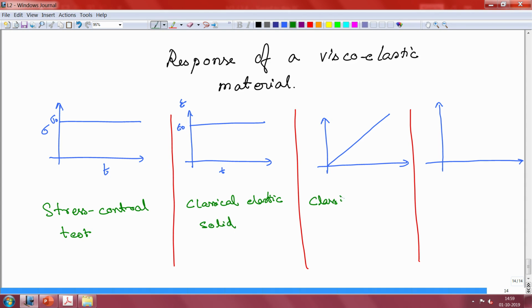This is the response for a classical viscous fluid, and here you are trying to understand the response of a generic viscoelastic material. Just for completeness, I will also say epsilon t, this is also epsilon t. Okay. So, you will probably get a response like this.